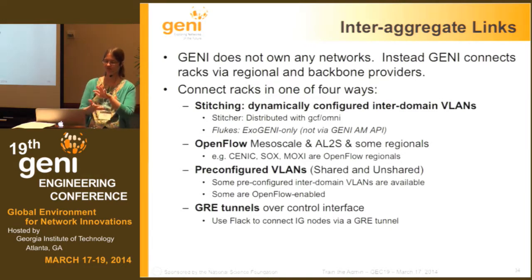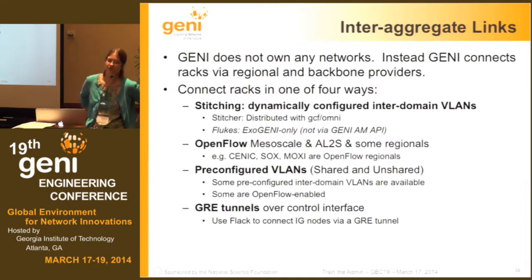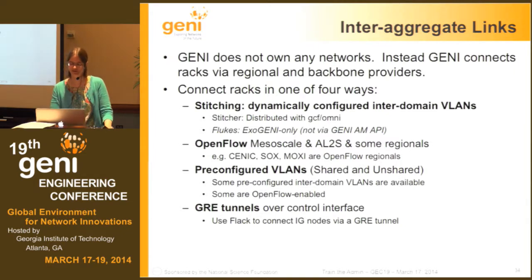It works not through the AM API, and that's supported by a tool called Flukes, which is their testbed-specific tool. Sometimes if you just want a small topology, that's nice to know is there. You can also connect things via OpenFlow.